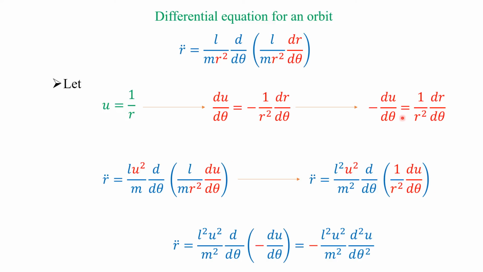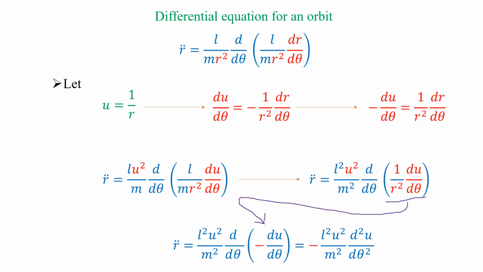We have seen here 1 over r squared dr by d theta is equal to minus du by d theta. So I am replacing this term inside the bracket by minus du by d theta.